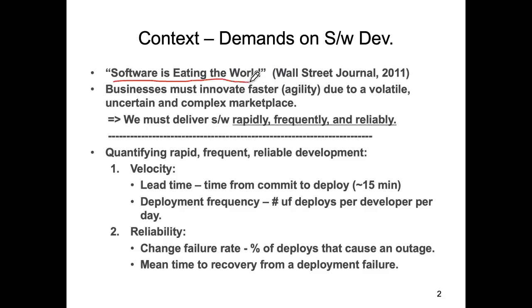Essentially the point that the author was making is that software, which admittedly had been around for quite a while at this stage, was really becoming central to any type of business or organization in order for it to function.